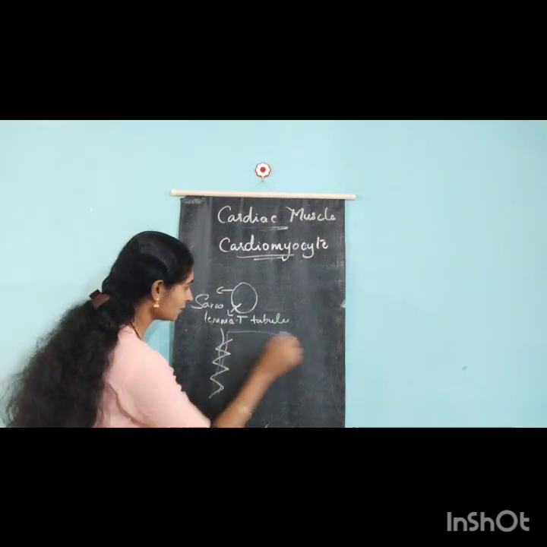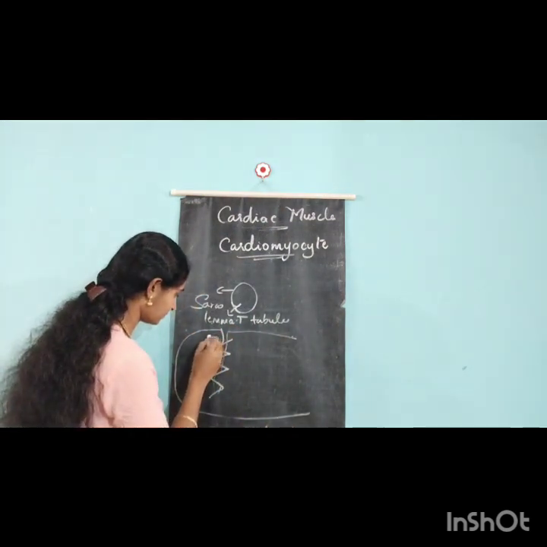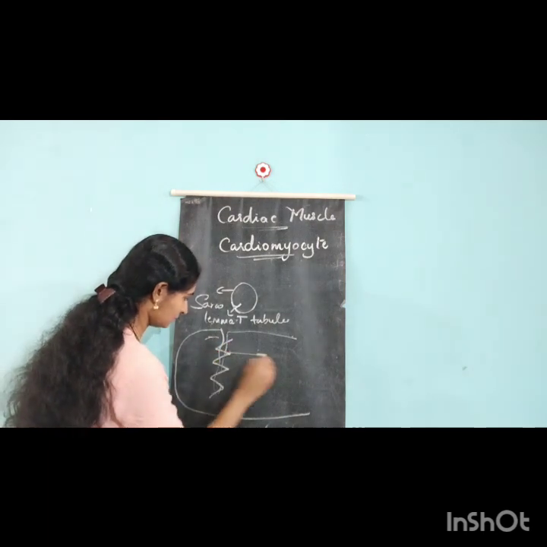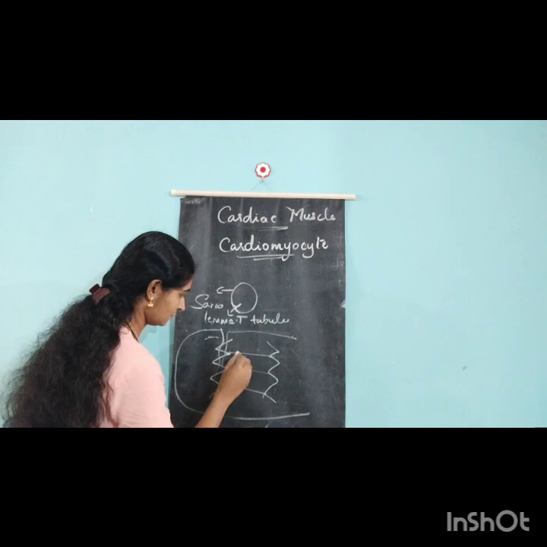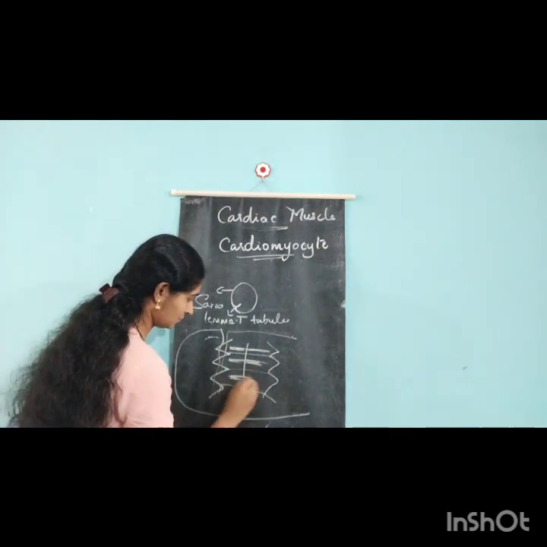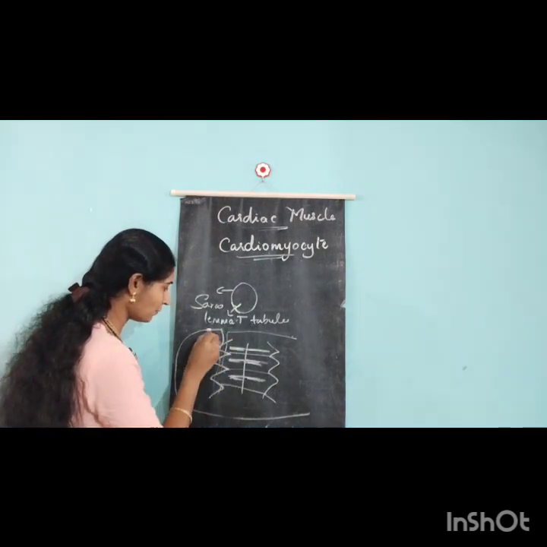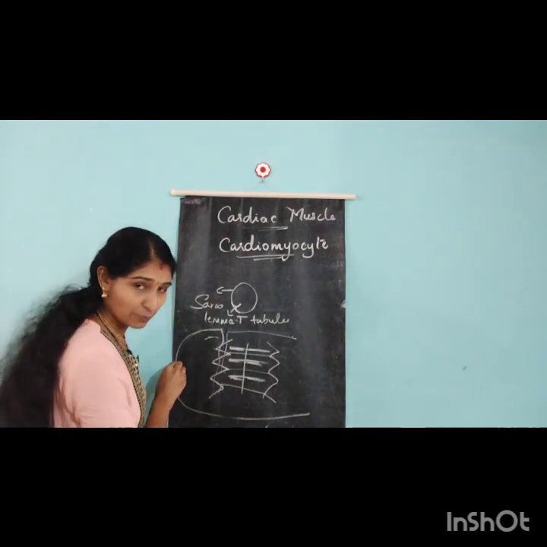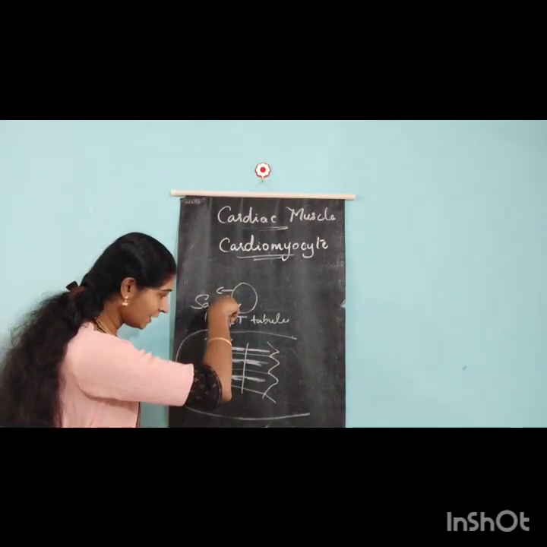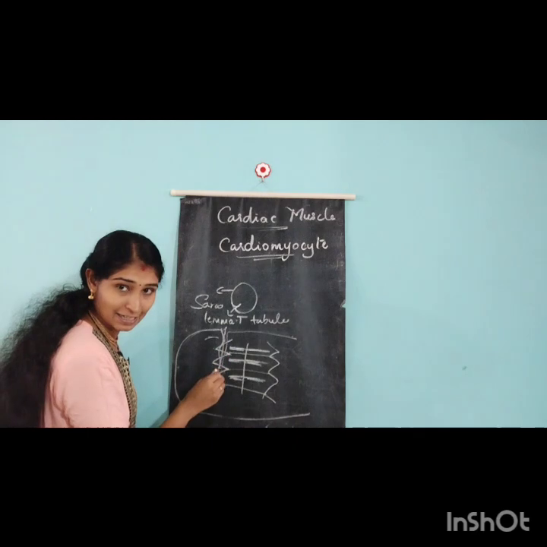T-tubules are nothing but the sarcolemma. See here the Z line, over that the sarcolemma, which is the outer covering of the cardiomyocyte, has a highly branched invagination on the Z line.